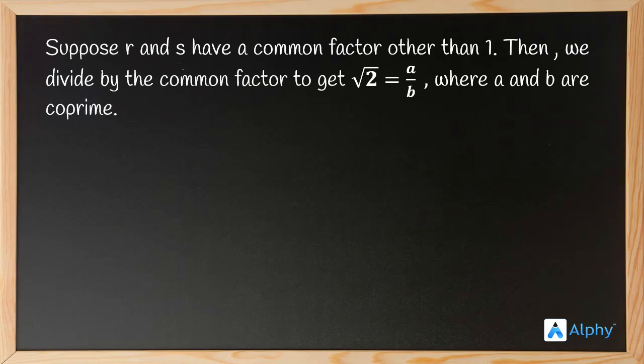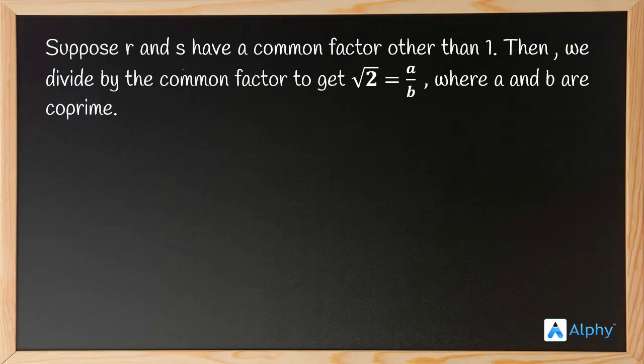So we are going to divide so that we get the reduced form of the fraction and we get root 2 is equal to a by b where a and b are co-prime. That means a and b do not have any other factor common other than 1. So a and b might not be prime themselves, but the only common factor they have is 1.